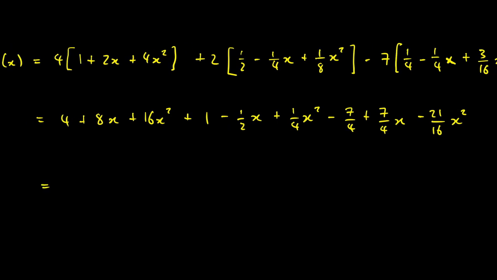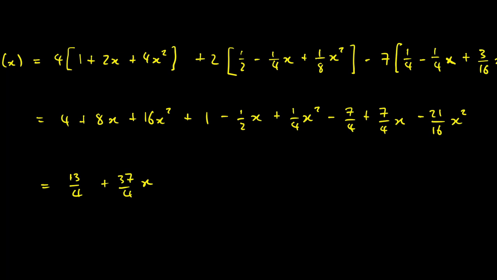We've got 4 plus 1 is 5 minus 7 upon 4. So 5 is 20 quarters, that's 13 quarters. Okay, 8x minus a half x plus 7 upon 4. So that's 32 upon 4 minus 2 upon 4 is 30 upon 4. And plus that is 37 upon 4.